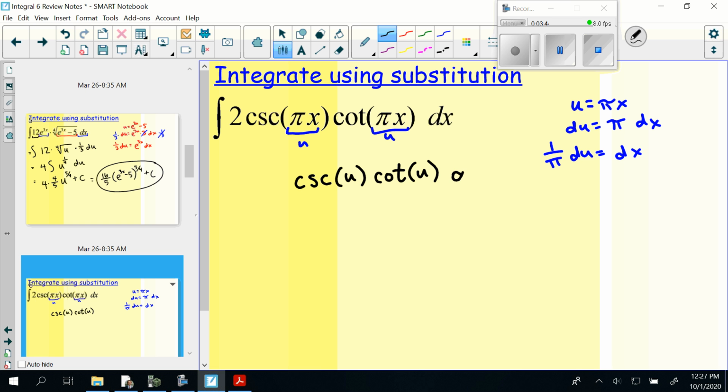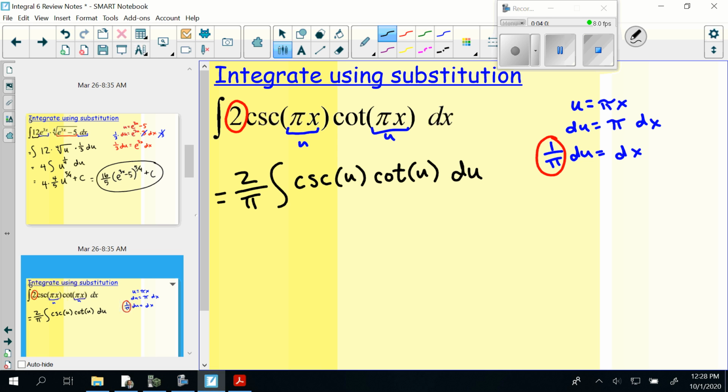So I'm going to turn this into du. We still have that constant of 1 over pi here. In addition, we haven't done anything with that 2, so those would be constants we could pull outside of our integral. So that would be 2 times 1 over pi, or 2 over pi.